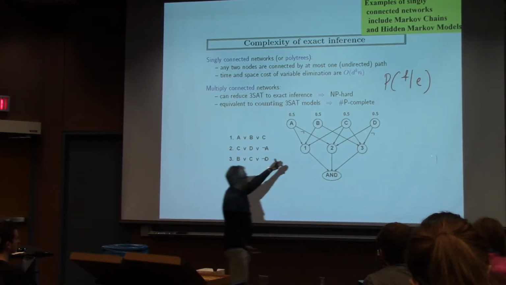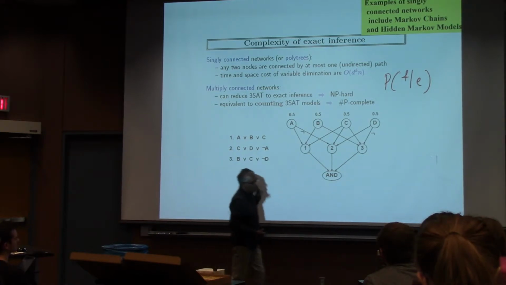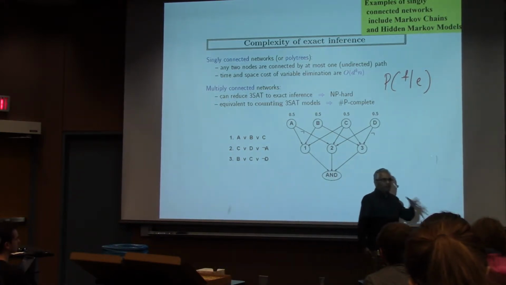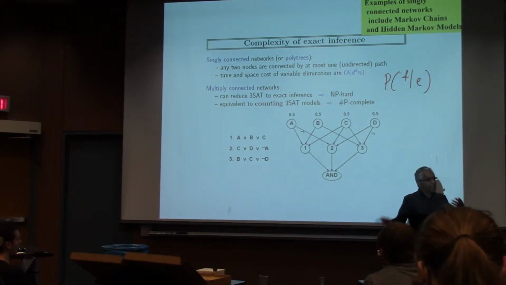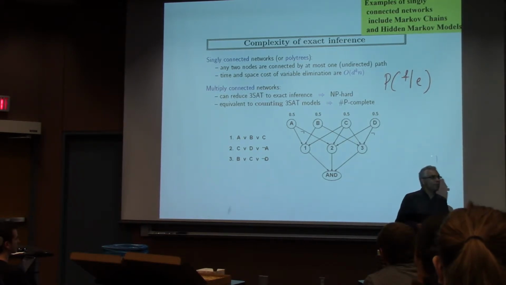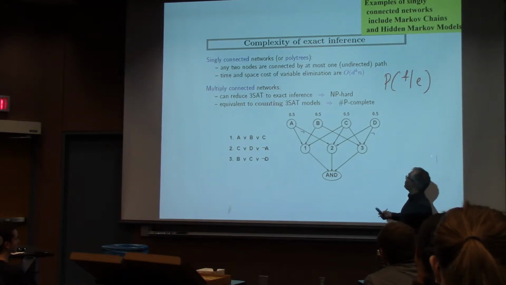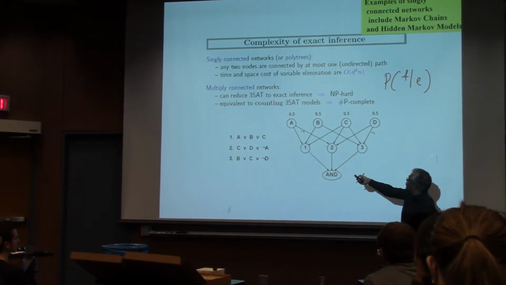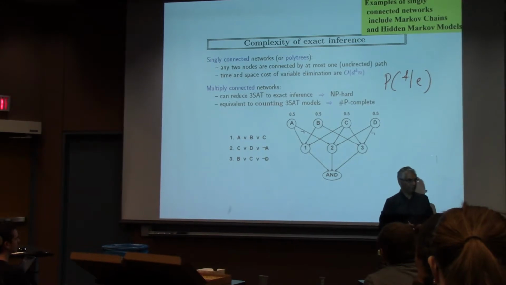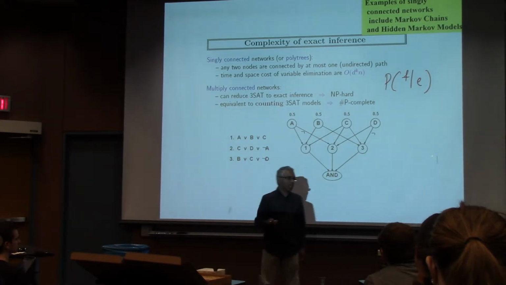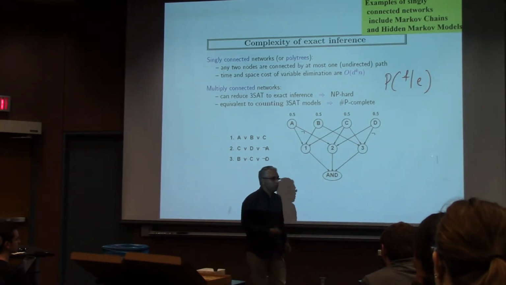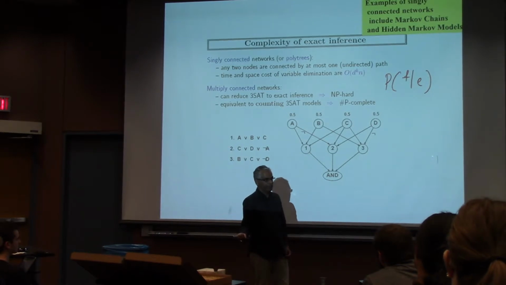This shows that 3-SAT, a satisfiability problem, which is the canonical NP-complete problem, can be reduced to exact inference. Which means if you can solve exact inference in polynomial time, you should be able to solve 3-SAT in polynomial time. But we know that 3-SAT can't be solved in polynomial time unless P equals NP.